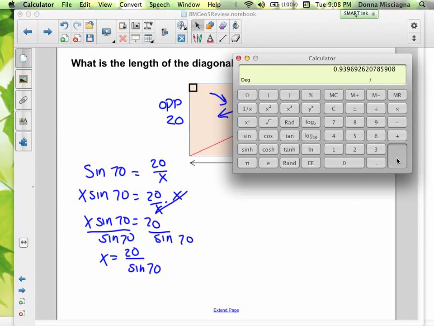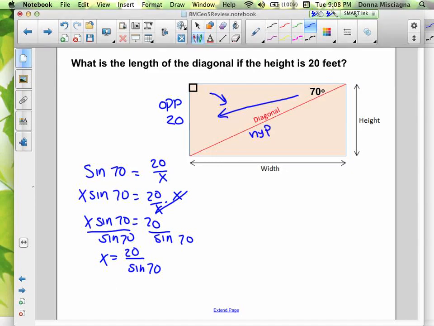Did I hit it? Okay, yeah, it looks like I did. All right, so we get 21.284 feet. So I'm going to write that down. So x is 21 point, I think it was 284, right?